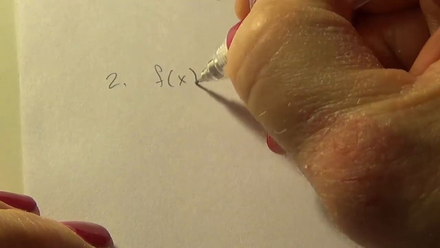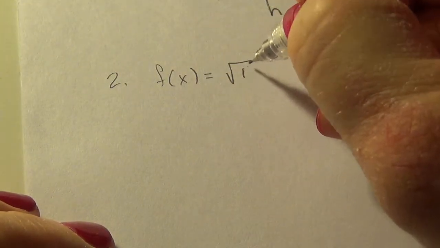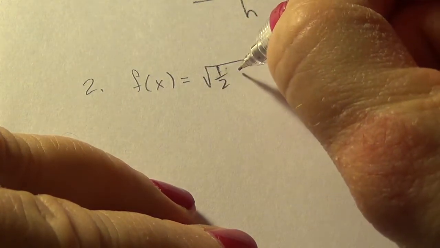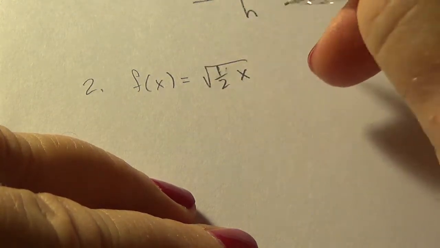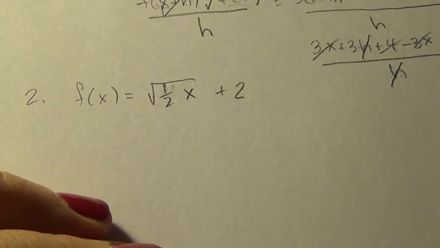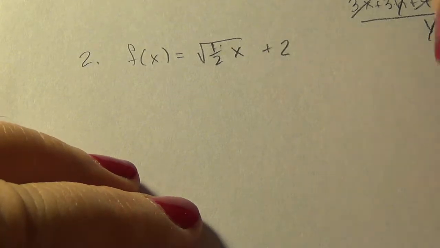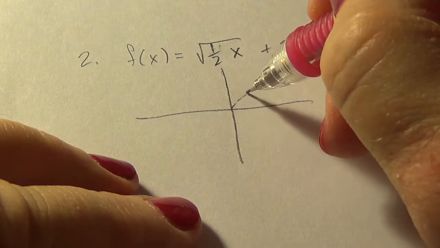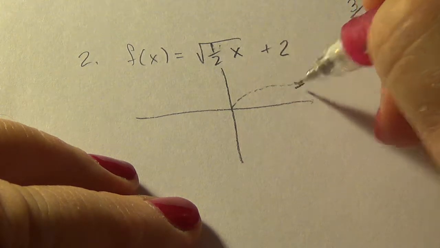Alright. This function, I'm going to ask you to graph it without a calculator. So we have the square root of 1/2 x, so that's under the square root, plus 2, outside of the square root. So in order to do this one, we have to start with the parent, which is something like that.